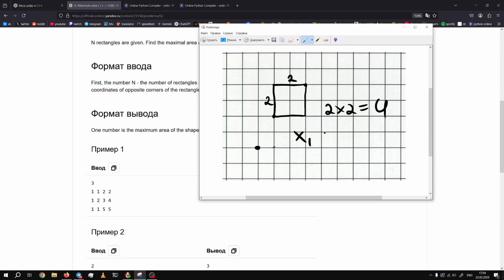We have x1, y1, x2, y2. So it is 1, 2, 3, and 4. So how can we find these numbers? On every axis we can say that it is equal to x2 minus x1.